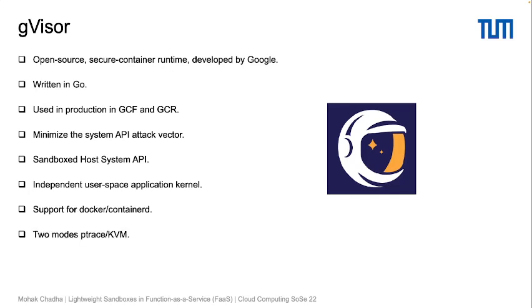And then it has two modes of execution. One is ptrace, and one is based on KVM. In ptrace, essentially you try to emulate the system calls, right? So it's actually not executing on the hardware, but being emulated. For example, you can launch gVisor on a virtual machine using ptrace, but you cannot launch it on a virtual machine with KVM unless nested virtualization is enabled.